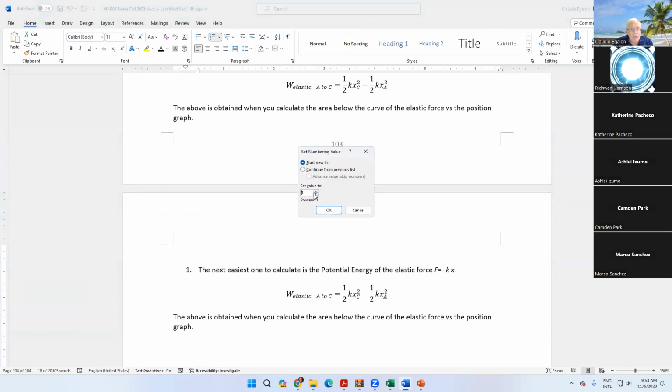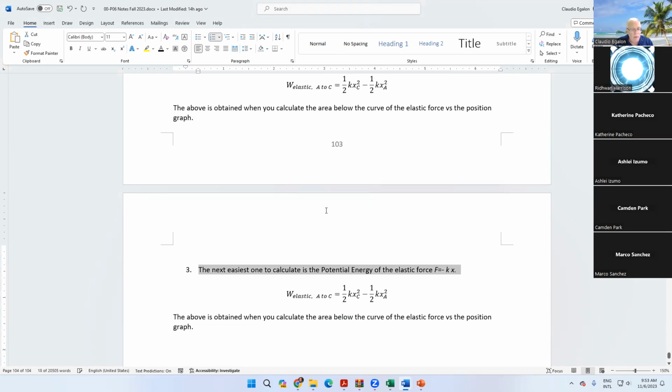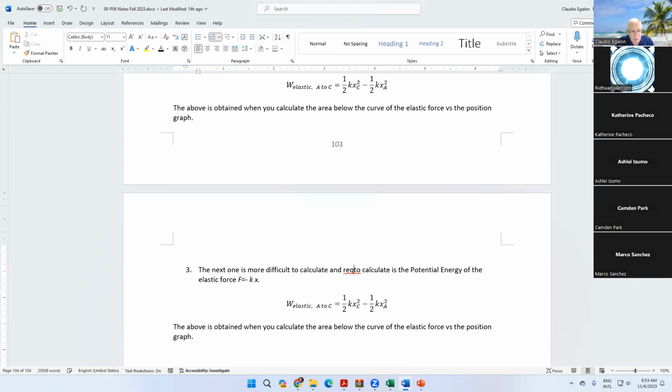Set numbering value. Let's see if it does it. Okay, now it did it. The next one is more difficult to calculate and requires calculus.